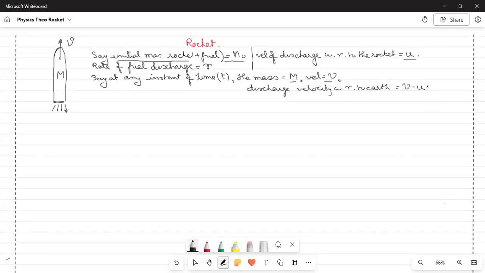Now, at this moment, what is the momentum of the rocket?